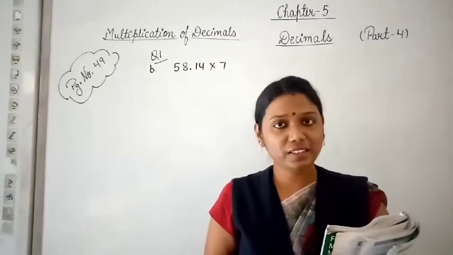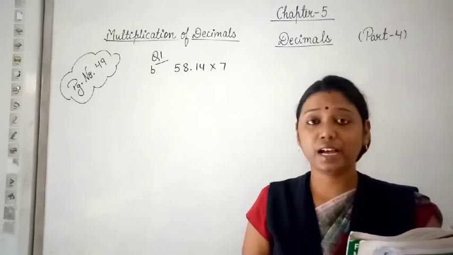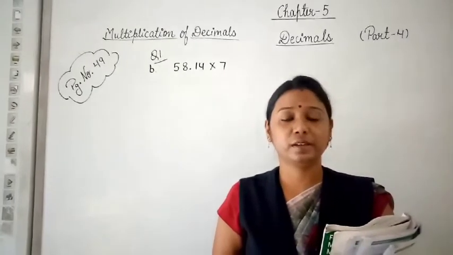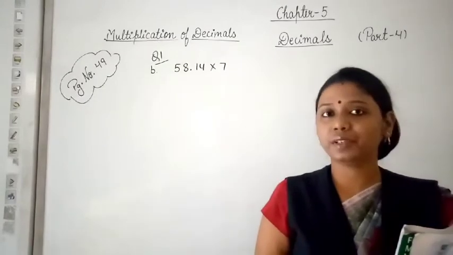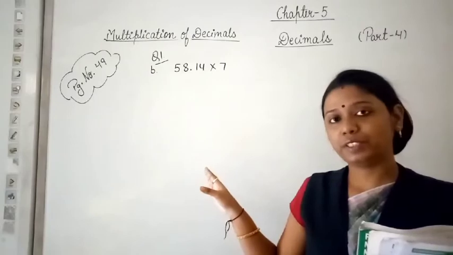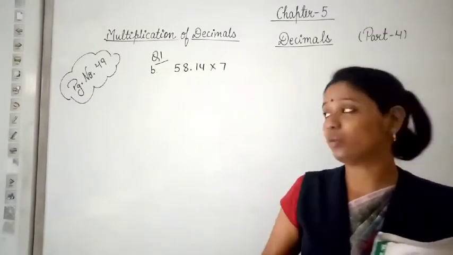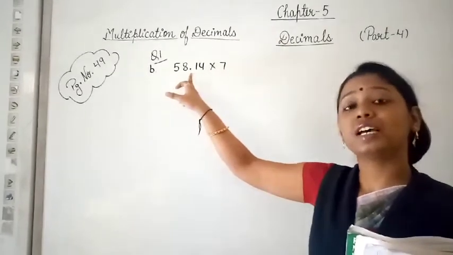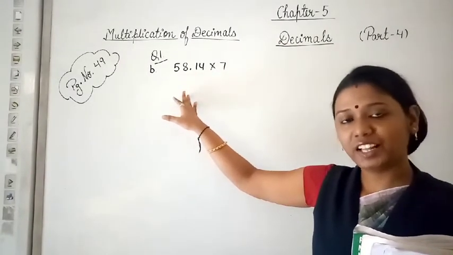In today's class we will be discussing how we can multiply decimal numbers, and it is going to be very easy because you all know how to multiply numbers. Here the rule of multiplication will remain the same, but the only thing we have to learn is about the decimal point, because this is the only new thing we have got here. Okay, let us start.